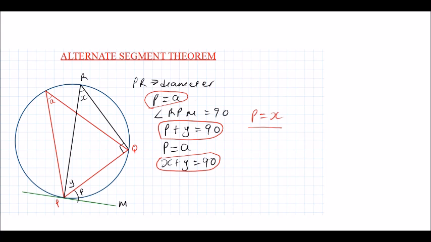This triangle in black has helped us prove that the two angles X and A are equal. That is the alternate segment theorem. So we had covered that.